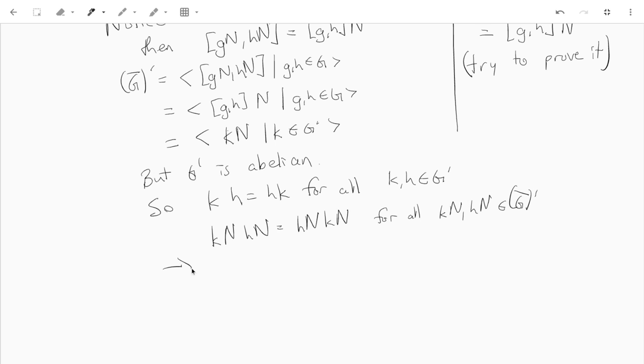It tells us that G bar prime is abelian. And if G bar prime is abelian, then G bar double prime is trivial. And that's the end.